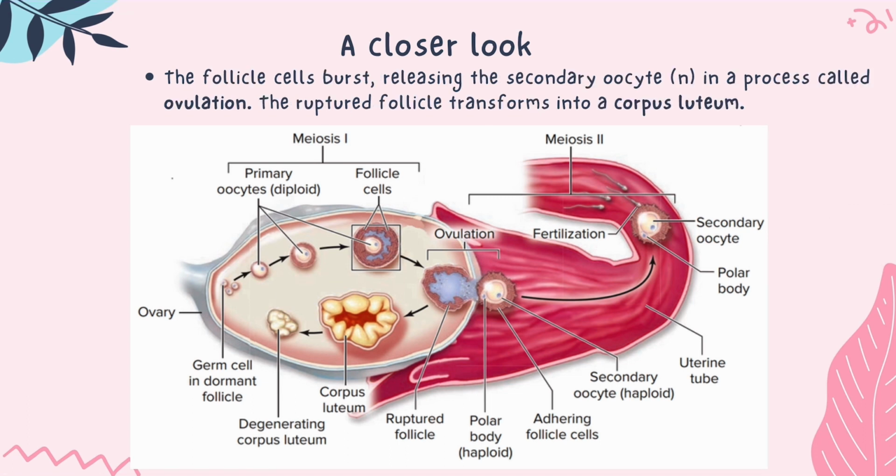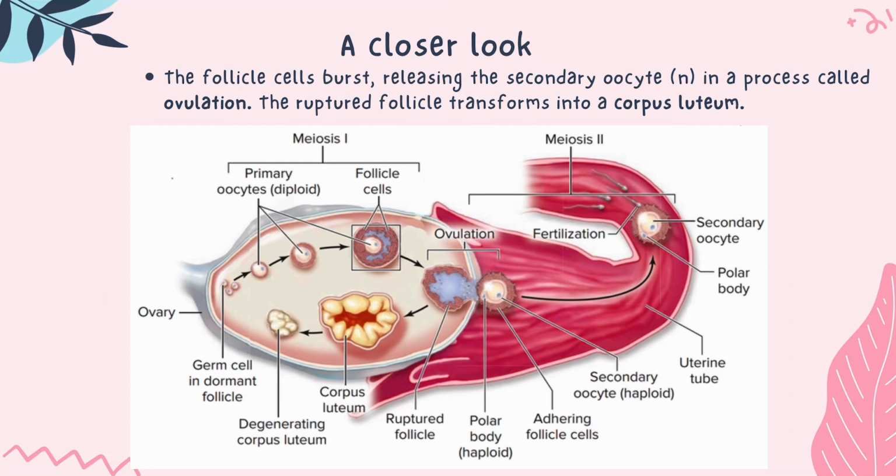Thus, arrested in meiosis II, the secondary oocyte is released at ovulation when its follicle breaks open. The follicle cells burst, releasing the haploid secondary oocyte in a process called ovulation.